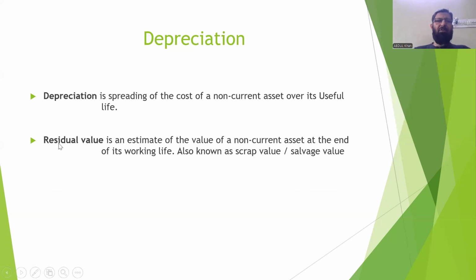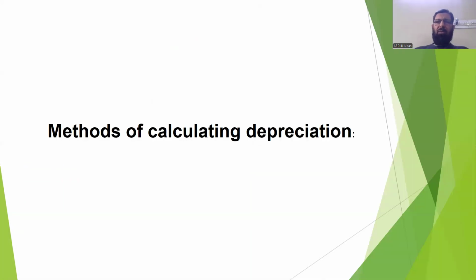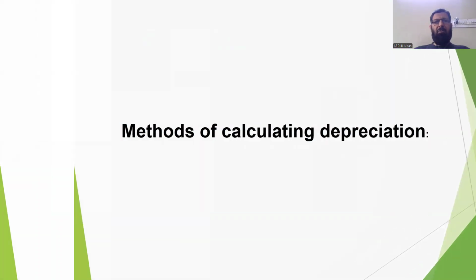Another name for residual value is scrap value or salvage value. Now, the book value is cost minus accumulated depreciation, meaning depreciation up to date. Book value means value according to your record.